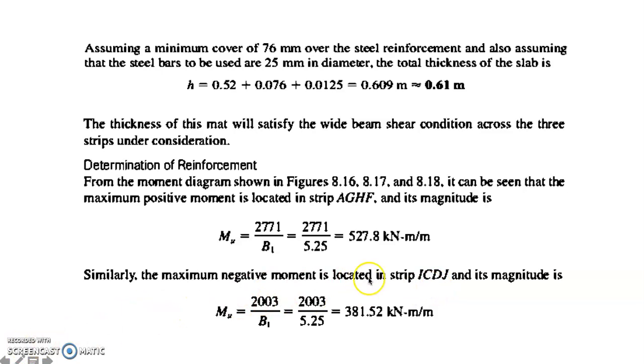So we get the factored moment using the negative moment, and the factored moment is equal to 2003 all over B sub 1, and we get the value of 381.52 kilonewton meter per meter.